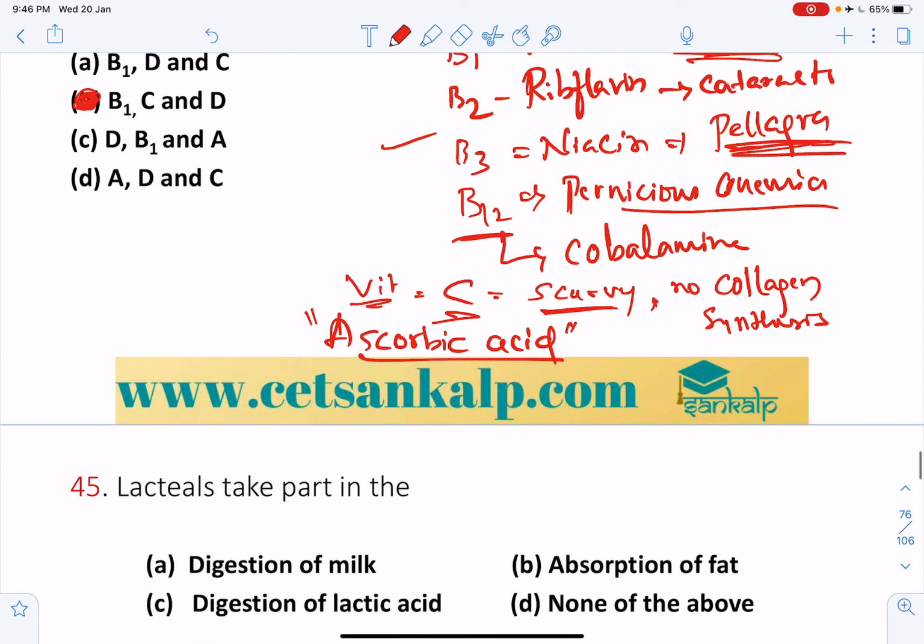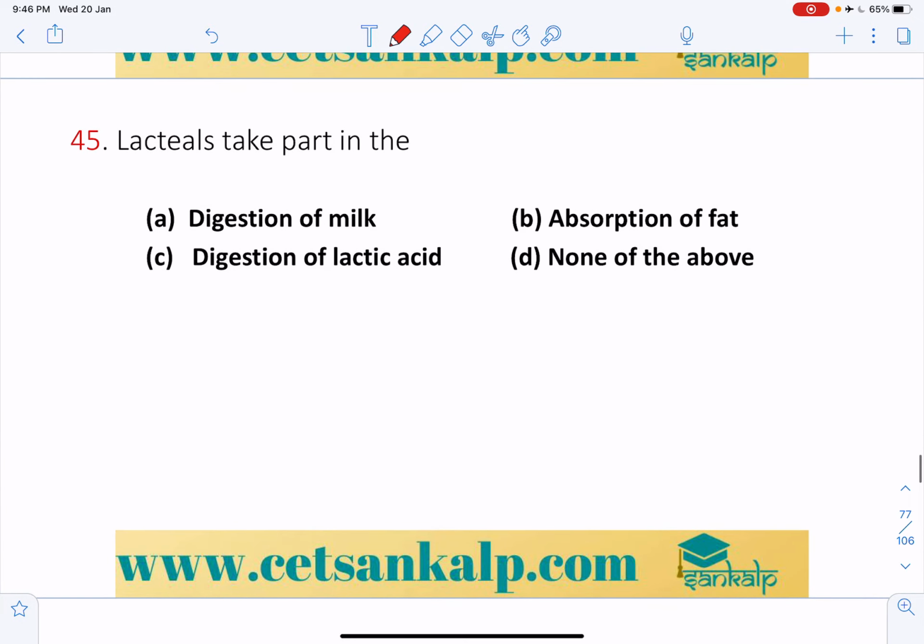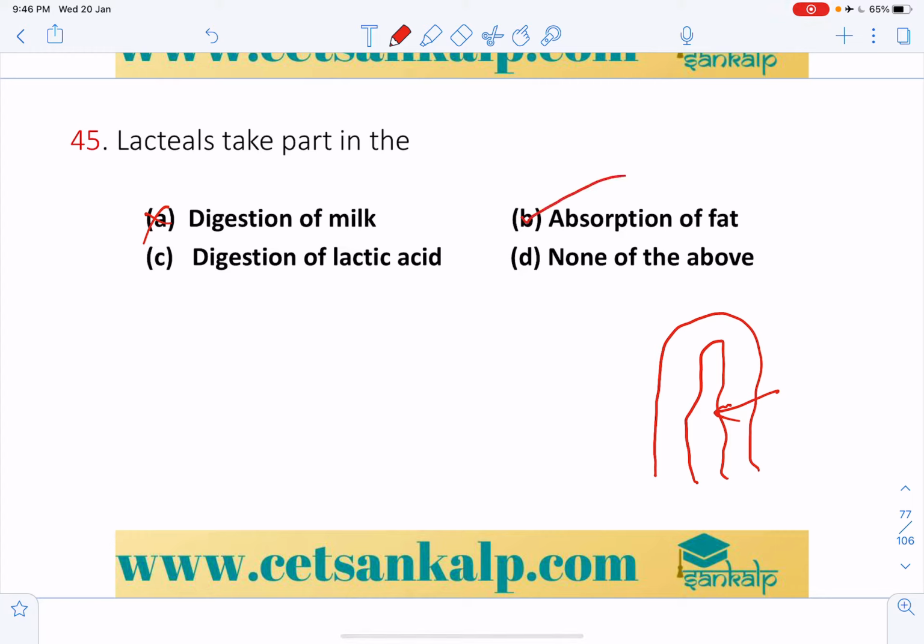Next, lacteals take part in the, as we all know from the previous class, the finger-like projections. There will be lacteals which are going to absorb fats in the form of chylomicrons. Digestion of milk is generally by renin, and absorption of fat is in the form of chylomicrons.